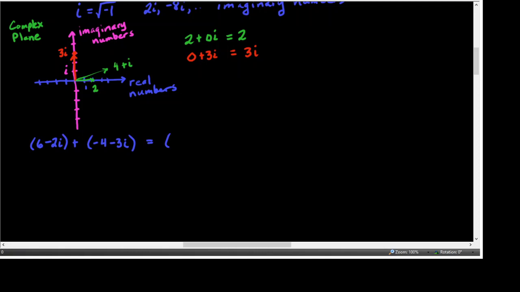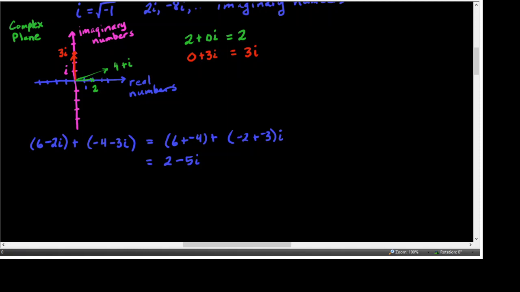So we'd add 6 and negative 4, and we'd add negative 2 and negative 3, and put that in front of i. So this would be 2, and then negative 5, or so minus 5i. So in other words, you're just collecting like terms, where the real part a adds to a, and the imaginary parts bi add to the other bi parts.